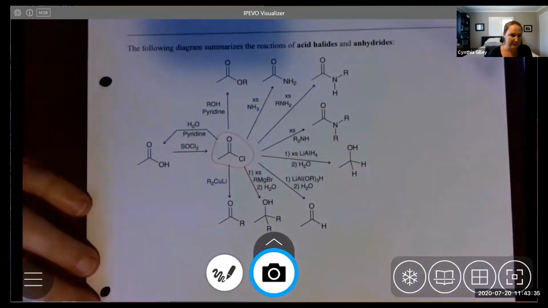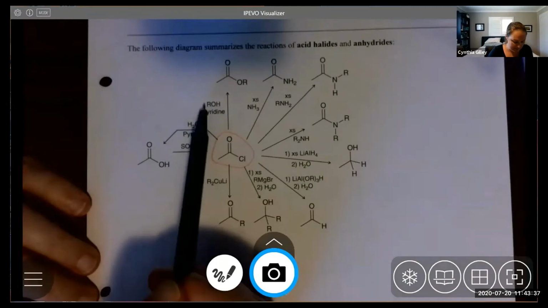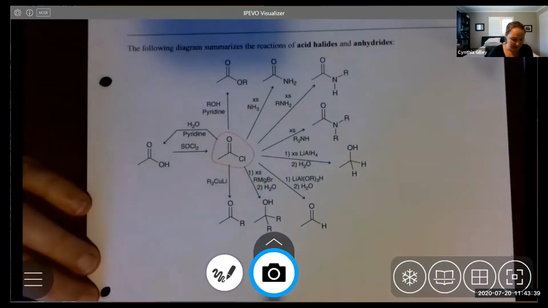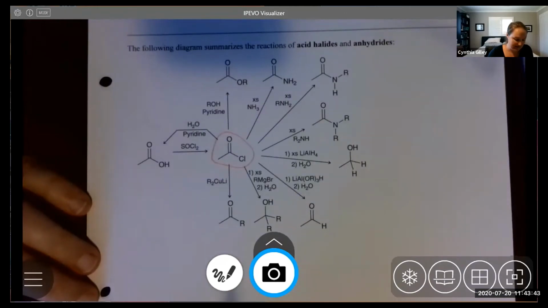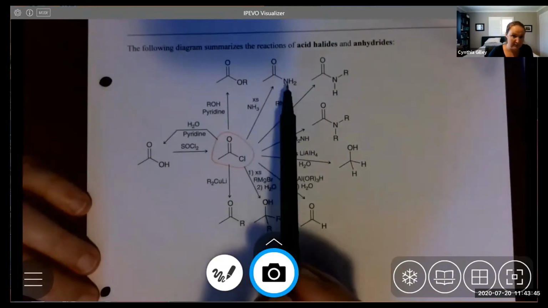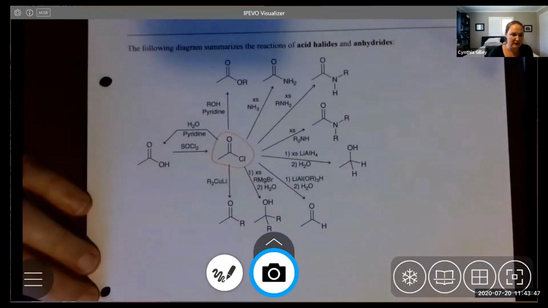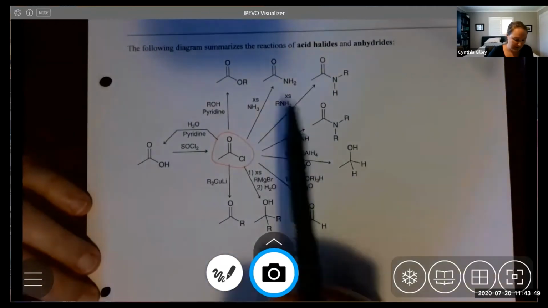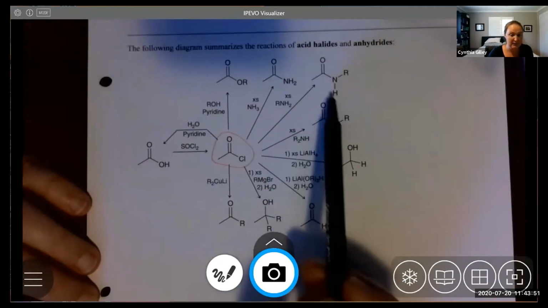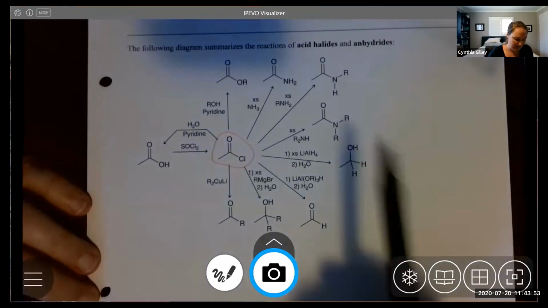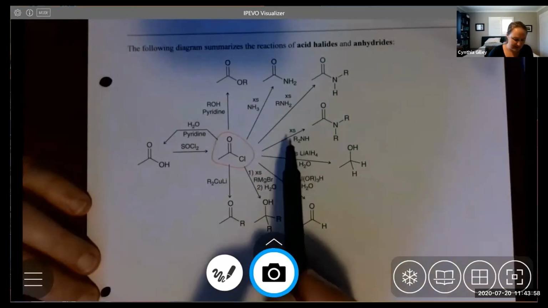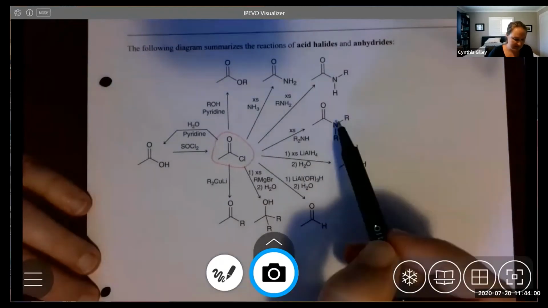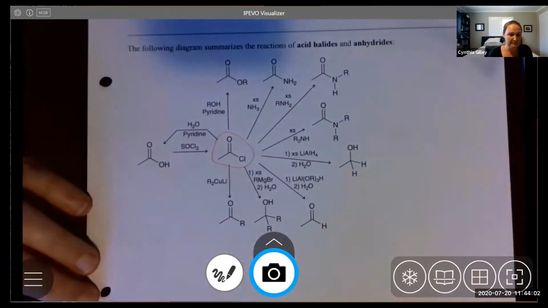So we can add in an alcohol to make an ester, and again, pyridine is optional here, right? We can add in ammonia to make an amide with an NH2 group. We could add in a primary amine to make an amide with 1 alkyl group attached to the nitrogen. Or we could even use a secondary amine, right, to make this doubly substituted amide.